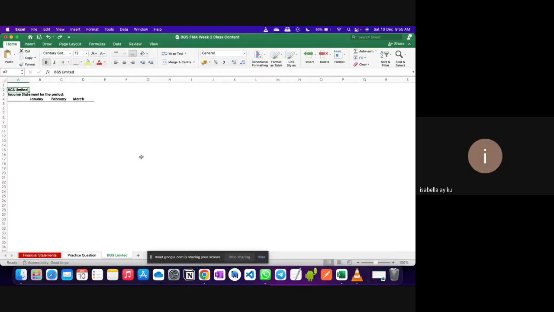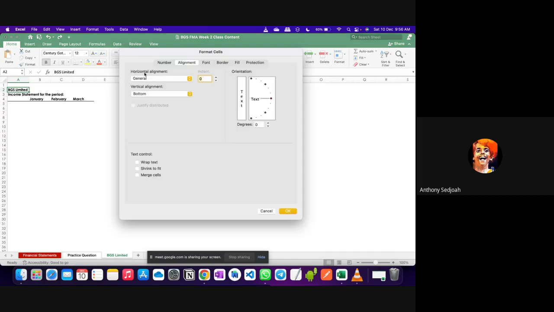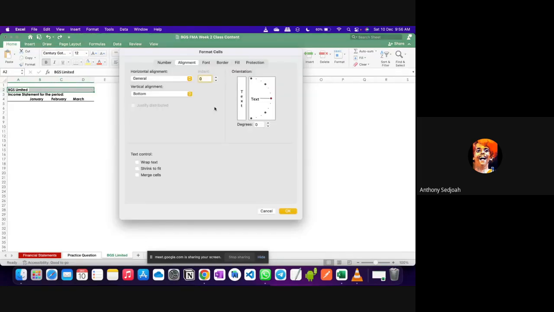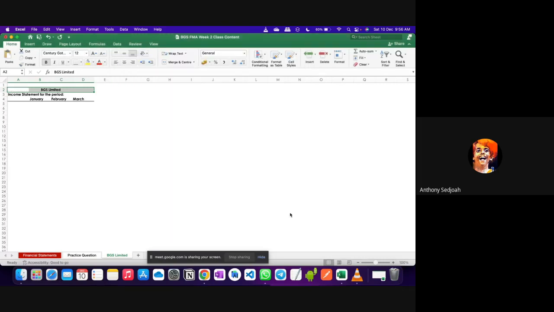Yes, sir. Okay, so I was saying that an alternative to the merge and center is to use Control-1. But I have to select all the cells like this. So I'll select the cells like this. Control+1 shortcut key, come to alignment, and then for the horizontal alignment, I'll use center across selection like this.